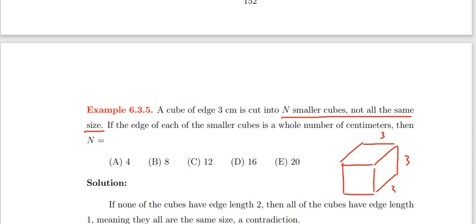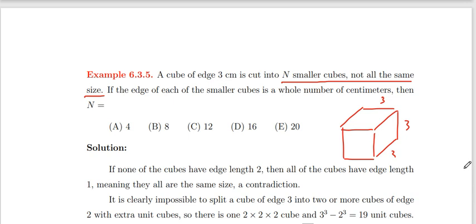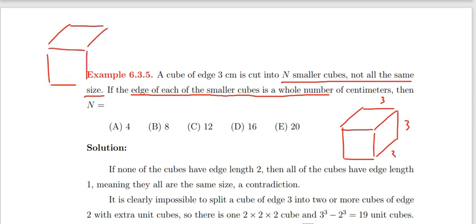So let's say the edge of each of the smaller cubes is a whole number, so it can be only 1 or 2, right? So if we cut 1, maybe we can do it this way, just cut this way, 1 by 1.